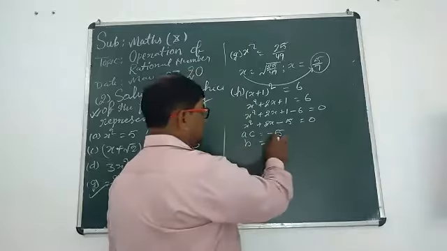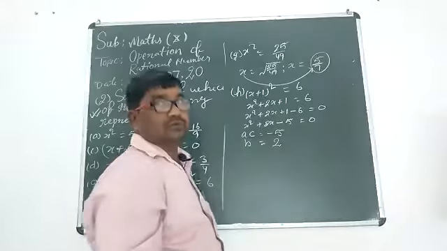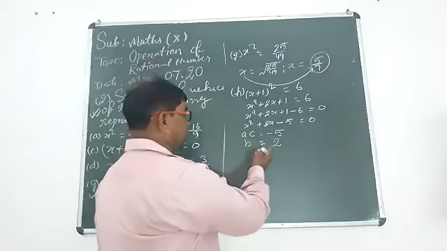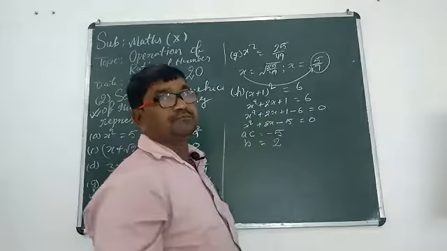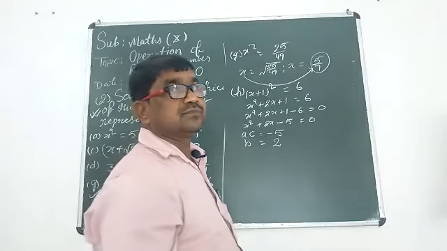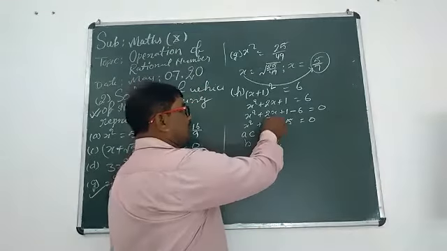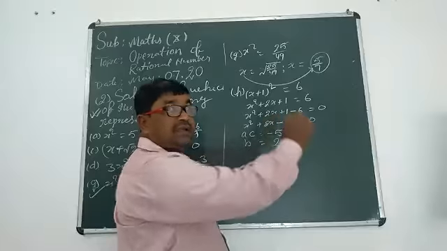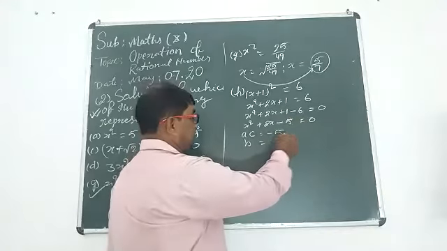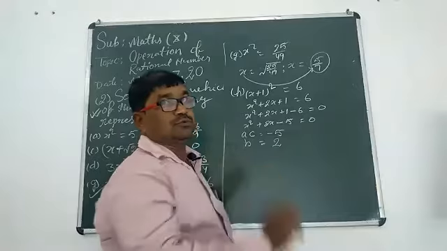Now AC equal to -5 and B equal to 2. How we can split this? How will you split this into two parts? Multiplying gives -5 and adding gives 2.